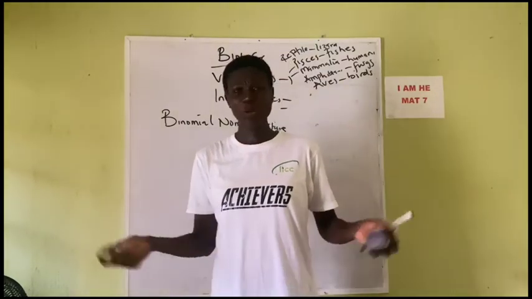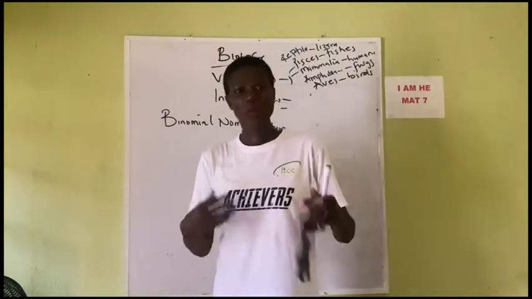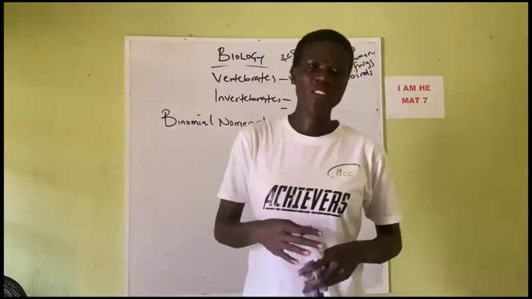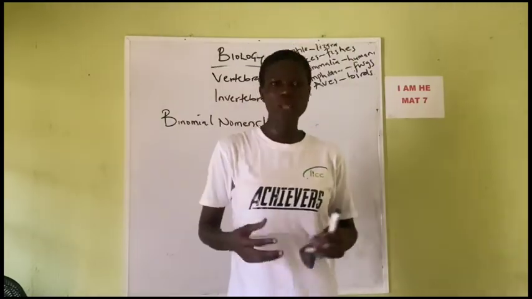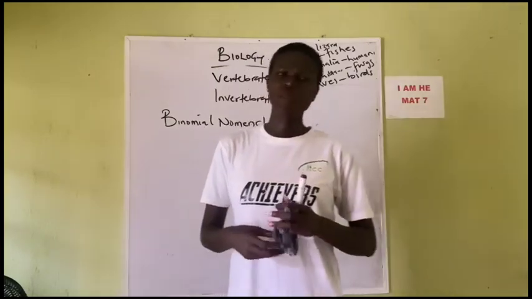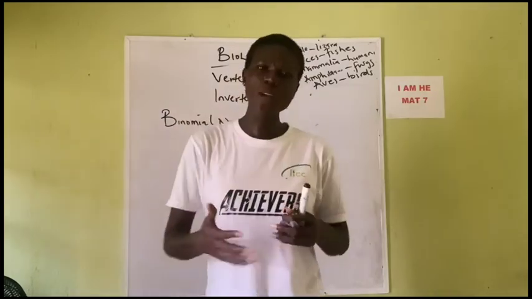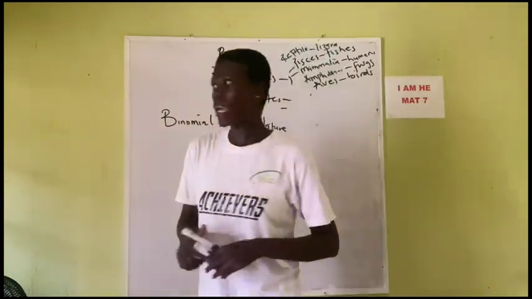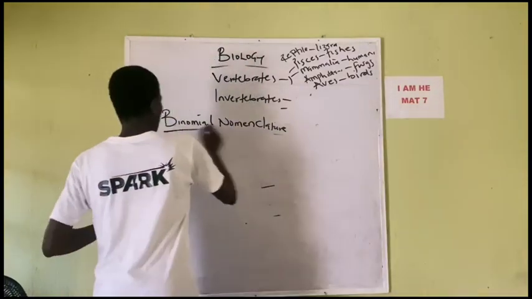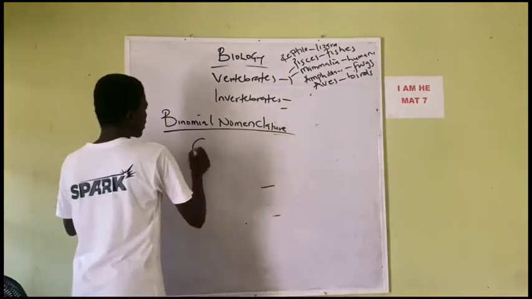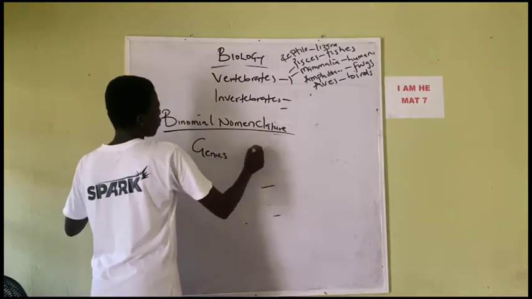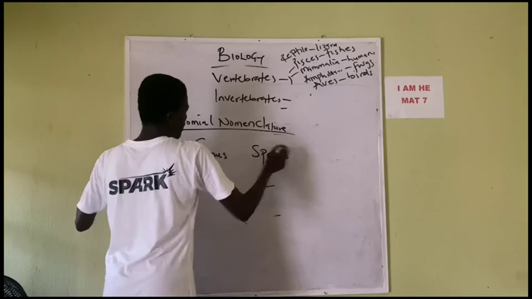I was like, "What is he talking about?" Then he went further to say, "Your binomial nomenclature means your first name and your last name." So, living organisms also have their first name and their last name. That's what we call the binomial nomenclature. That's to say, it's having two names, the genus name and the species name.